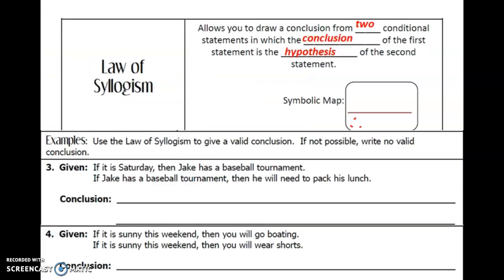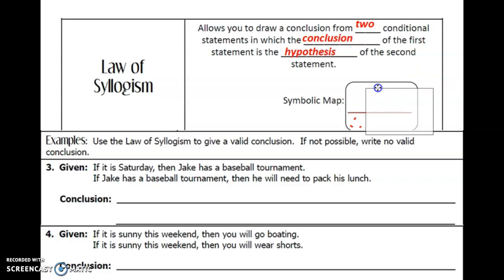So our next law is the law of syllogism. This allows you to draw a conclusion from two conditional statements. So this time we're going to have two if-then statements. And we can only draw a conclusion if the conclusion, the second part of the first statement, the Q of the first statement, is the hypothesis of the second statement.